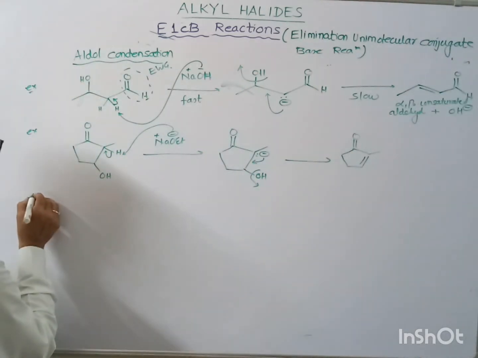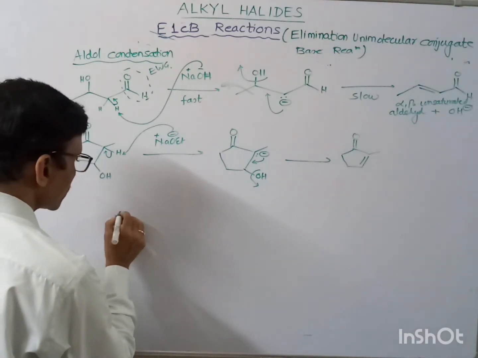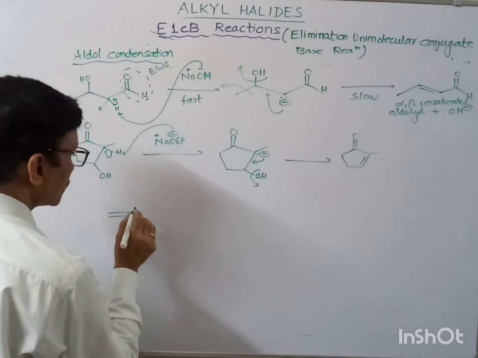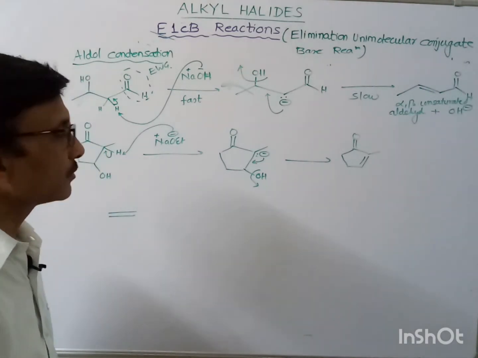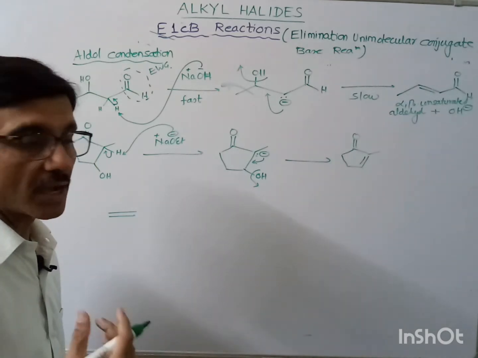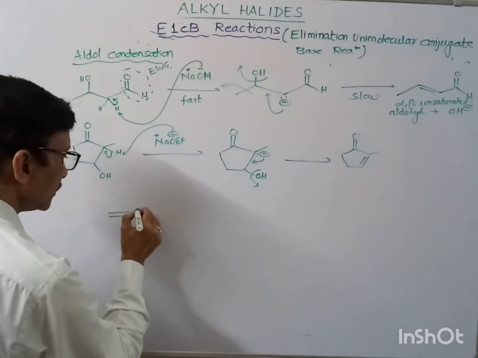Okay. In the same way, another example, suppose I take one of the alkenes. An alkenyl bromide may give you the alkyne also. So this is an example of the E1cB reaction.